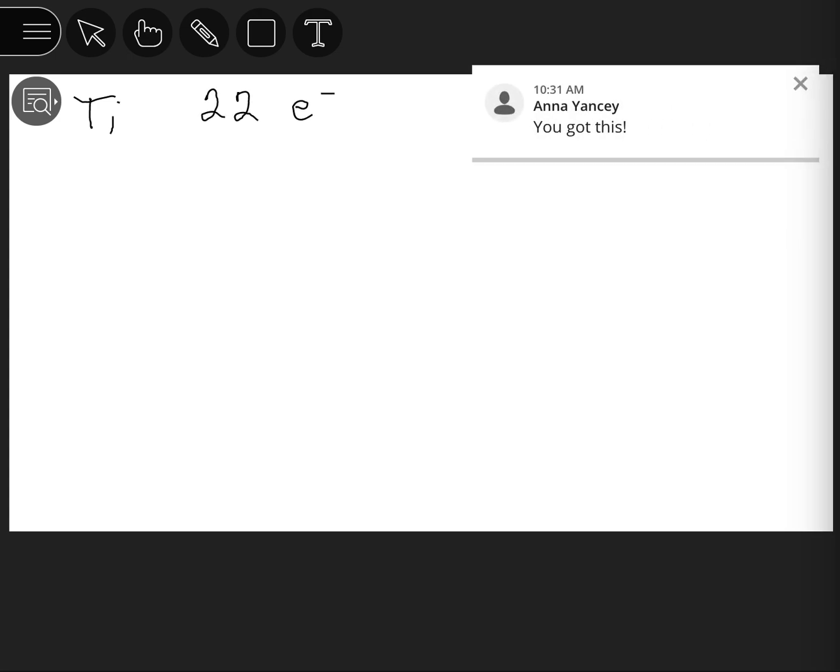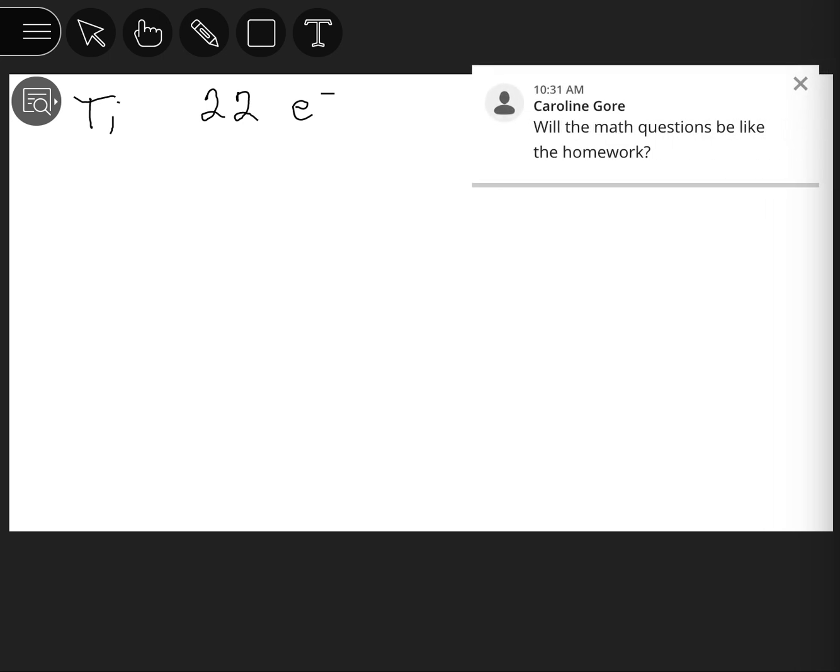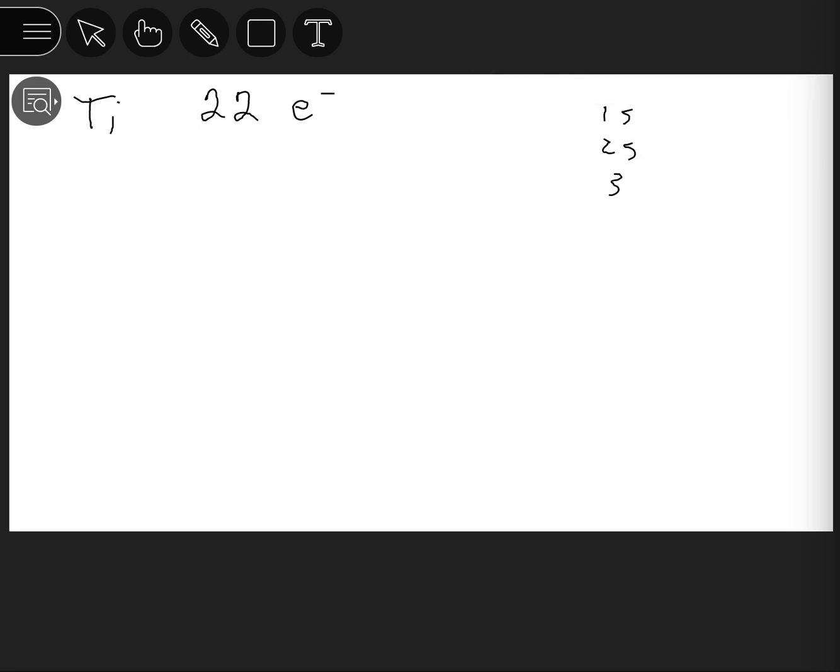We're going to put these in order of lowest to highest. You can either do the Aufbau diagram where you do 1s, 2s, 3s, then 2p, 3p, and so forth, and then you can draw the little arrows through it.